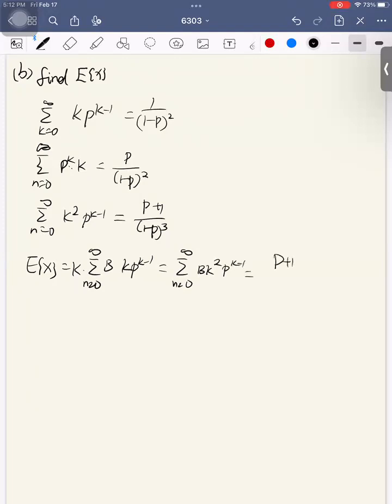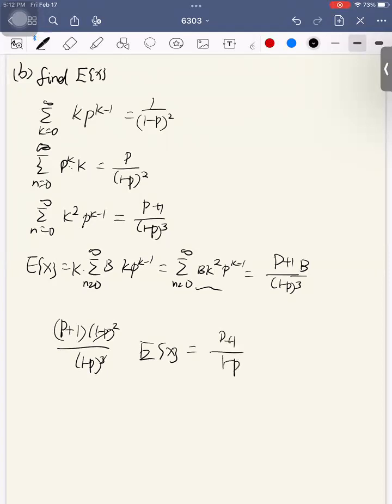Since we already know how this equation looks when we multiply by b, we just plug in the b here, and also we know the b value from the last equation. So we will have this equation right here. And since they can cancel, the E[X] value is equal to (p plus 1) divided by (1 minus p).